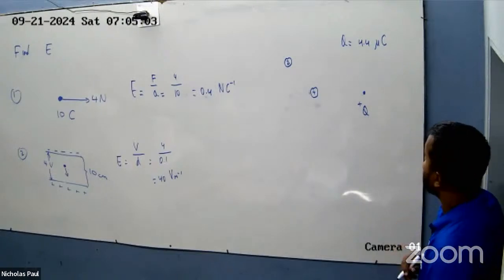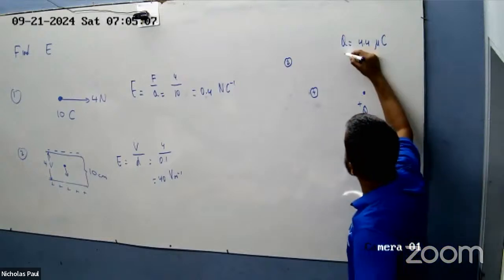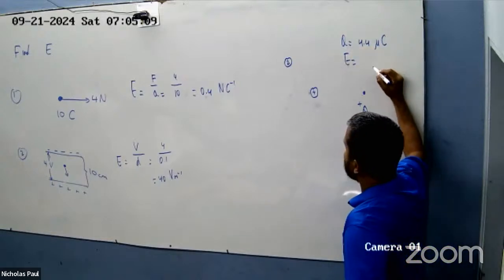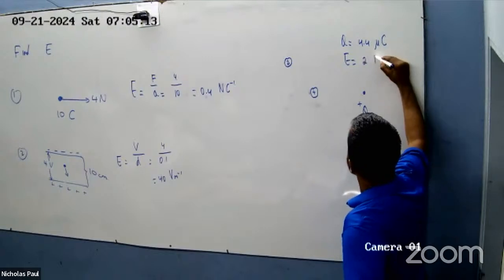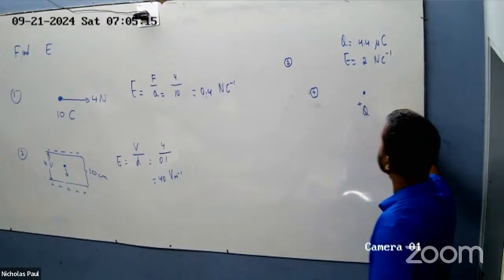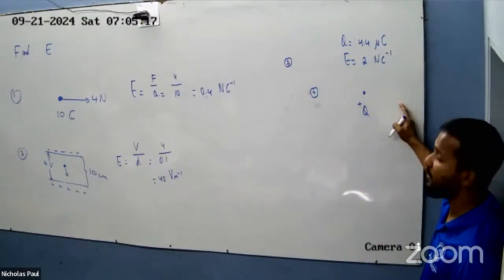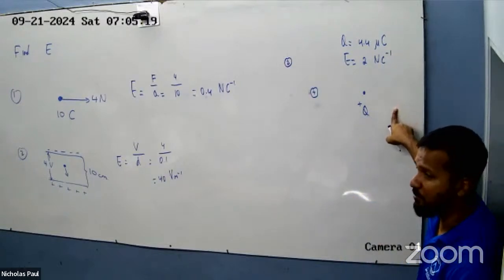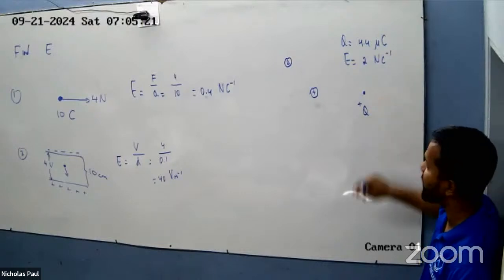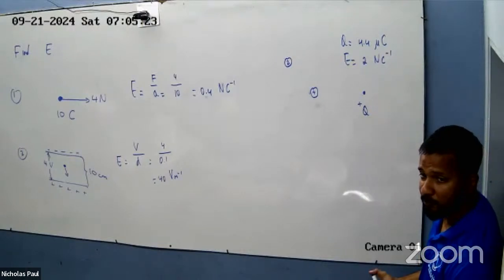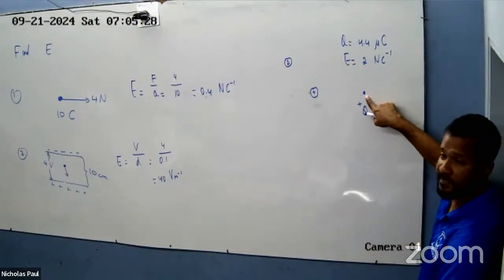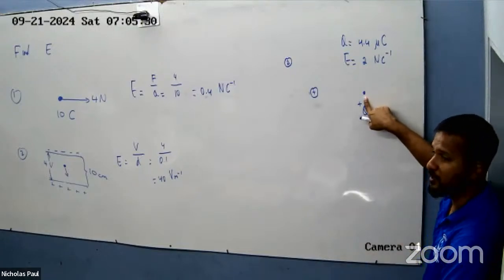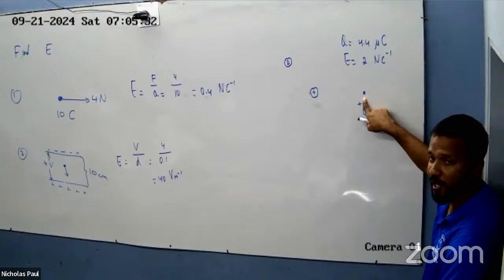Let's say the electric field strength here is 2 newtons per coulomb. See if we can find the force exerted on this charge and the direction of that force.